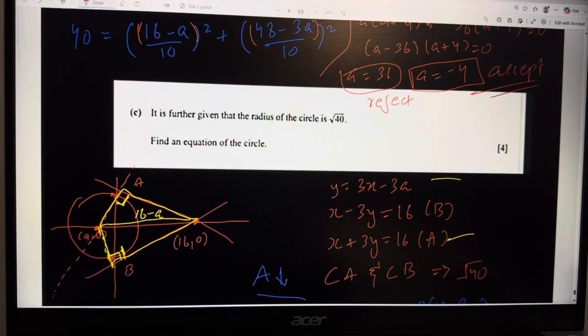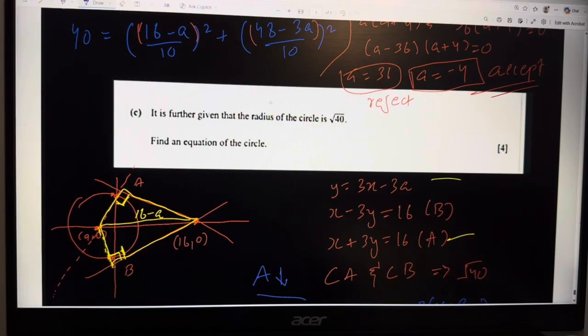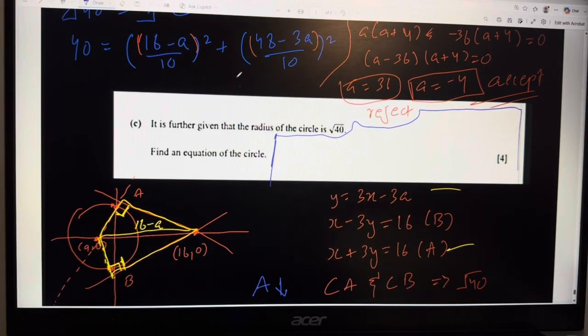So we can just write it here. We have a is equal to minus 4. Now it said that the center is minus 4 and 0, and the radius is under root 40.